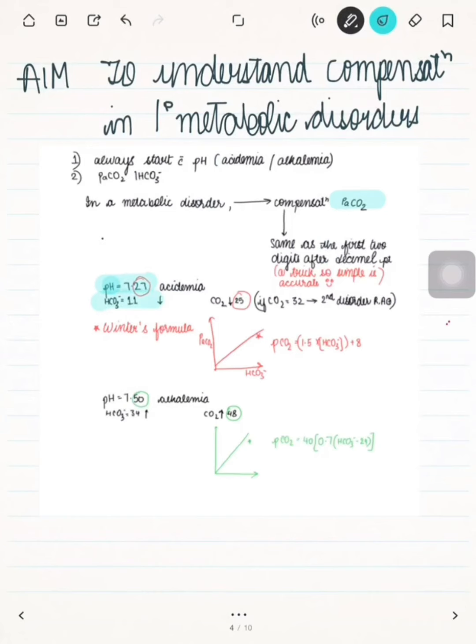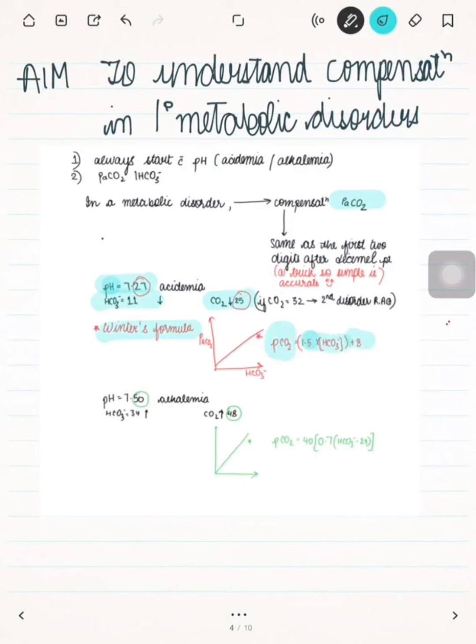Now the bicarbonate has decreased. In compensation, the body will wash out carbon dioxide. So we need to know whether this washout of carbon dioxide is due to a compensatory mechanism, or whether there is another disorder. So we will apply the compensation formula, Winter's formula, which gives PCO2 = 1.5 × bicarbonate + 8.